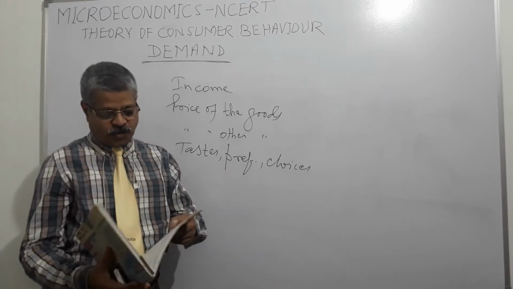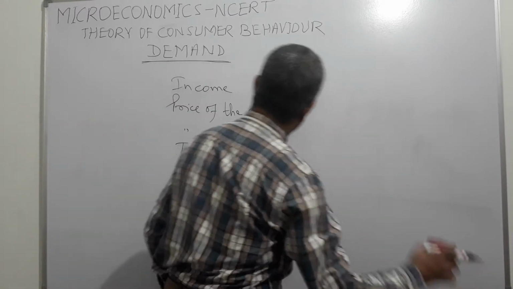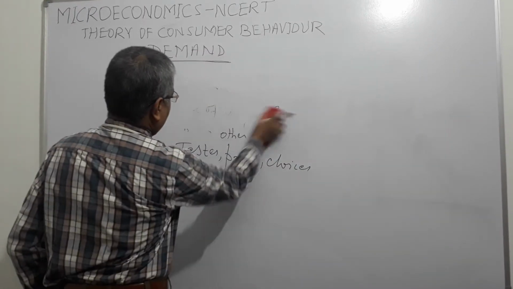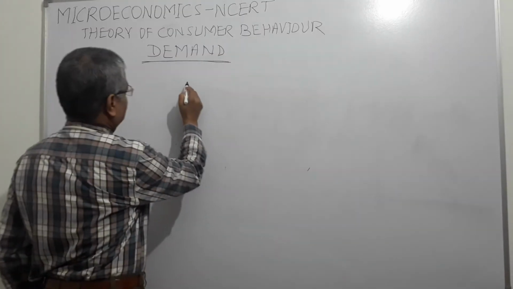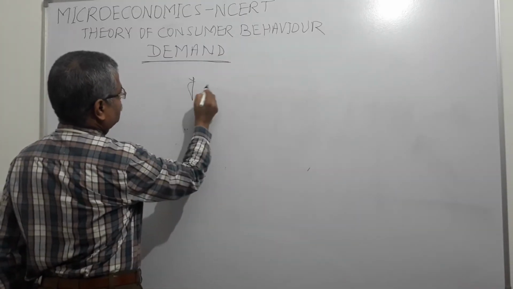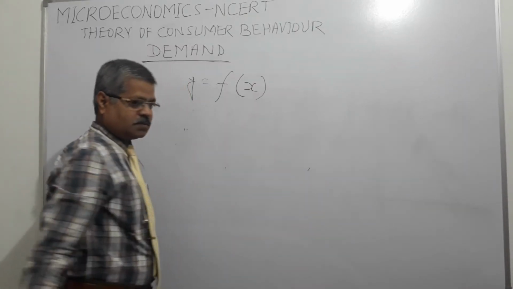Right? So, we take a formula. It's a very simple formula. Suppose there are two goods, X and Y. Right?